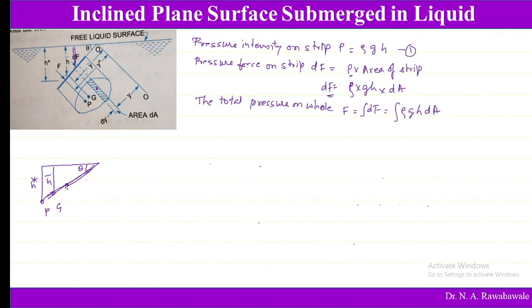And if this is the strip here, this distance we call h. So this inclined distance is known as y. And this inclined distance is known as y bar. Whereas this inclined distance is known as y star.